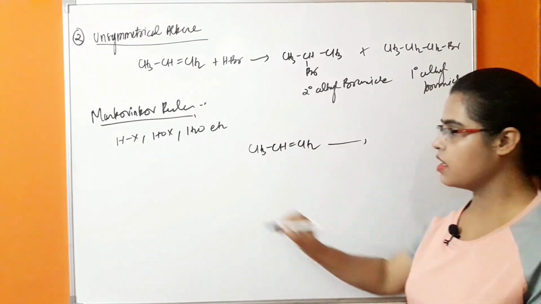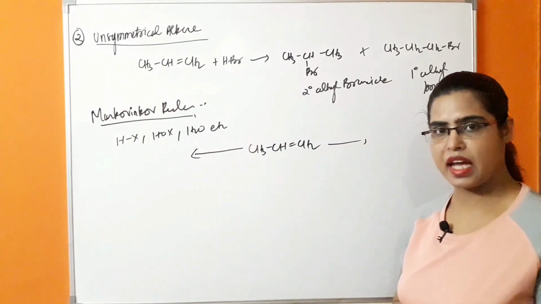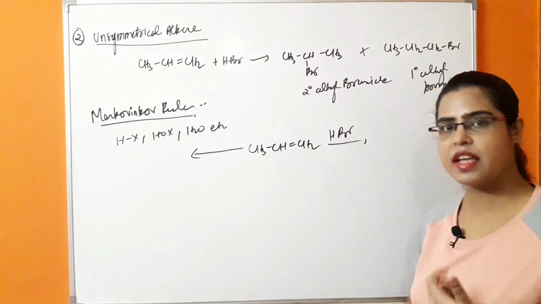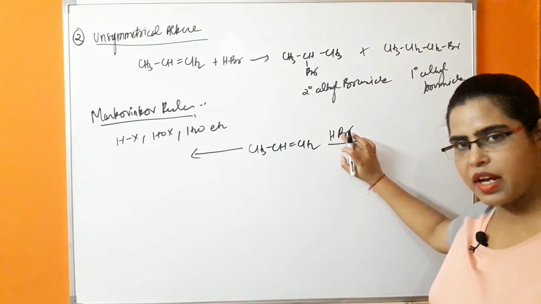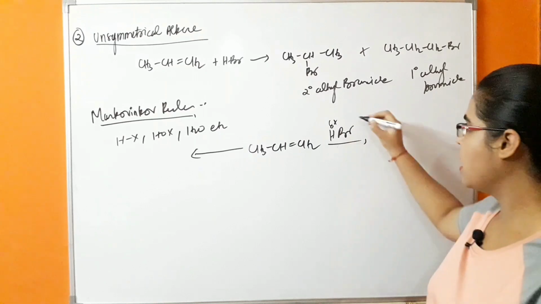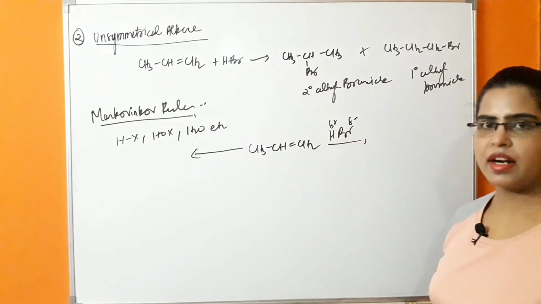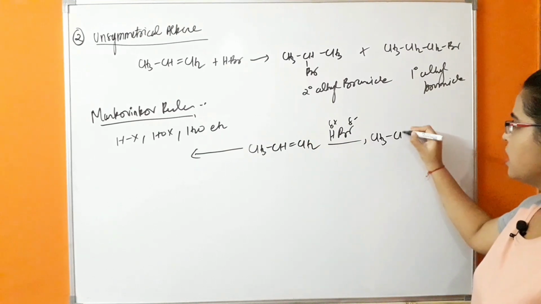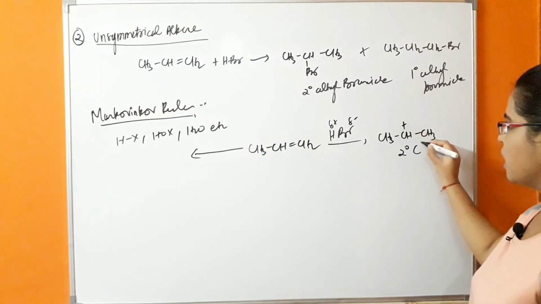In this case, there are two ways by which alkyl bromide can be formed when the reaction takes place with the halogen acid HBr. First of all, the electrophile will attack because of the partial positive charge on the hydrogen and partial negative charge on the bromine. This H plus ion will attack the double bond, forming CH3CHCH3, which is a secondary carbocation.